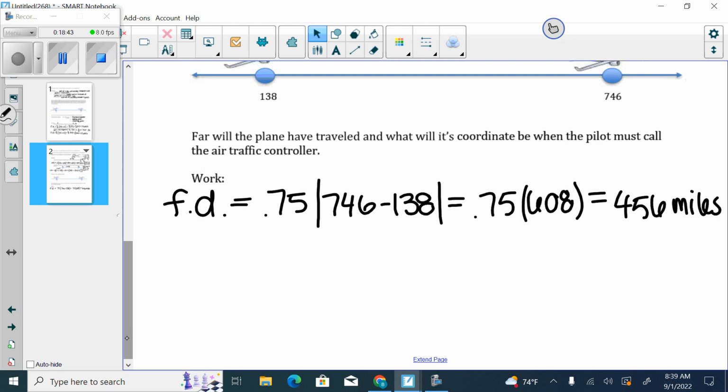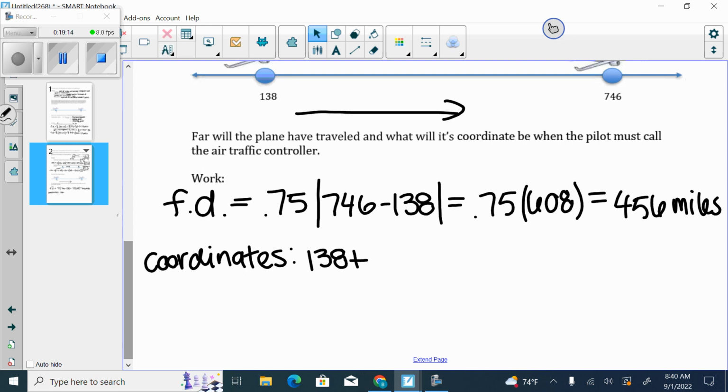If they want to know the exact location that they're going to land at, then we would use our second formula for coordinate, right? So for our coordinates, it's going to be the exact same formula, but we need to put our x1 in front with a plus, right? Because we were moving this direction. So our x1 in this case was the 138 plus all of this.